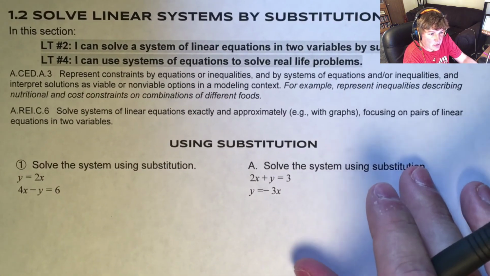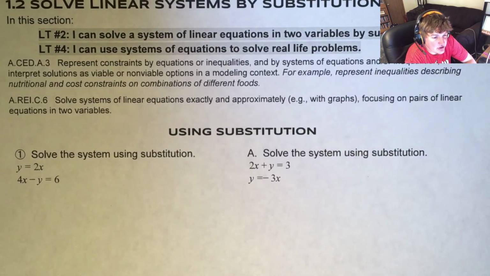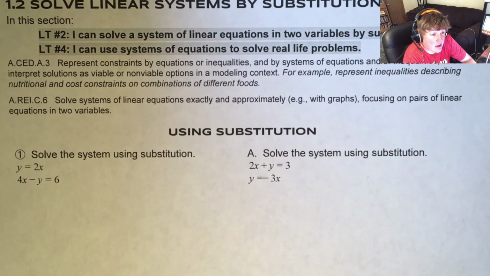Okay, so let's just go over some brief things about substitution. Basically, substitution is like, for example, we've used this actually last time that we had class. So, when I know what x is equal to, I can just go and replace all x's with whatever number it's equal to.